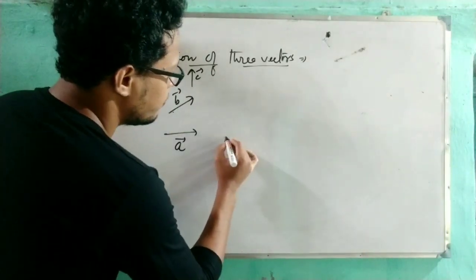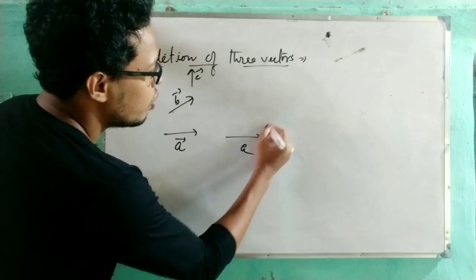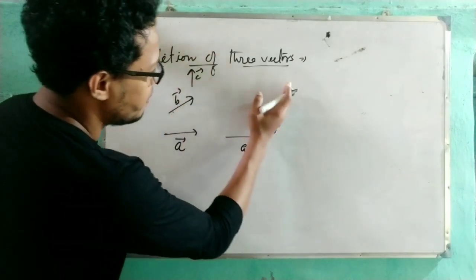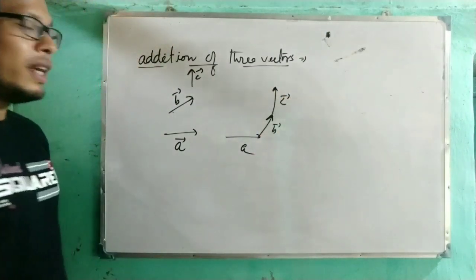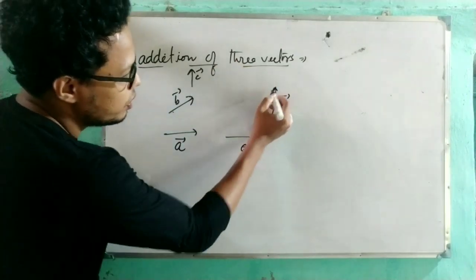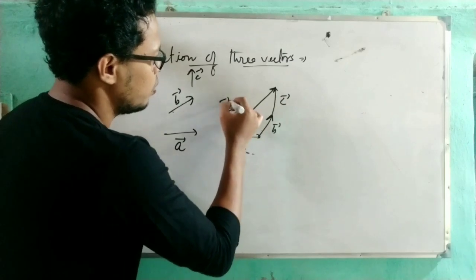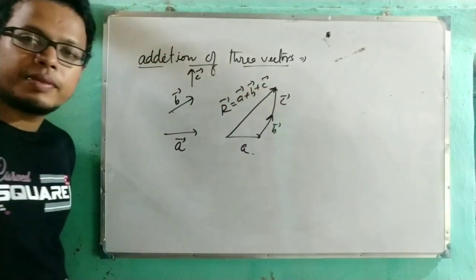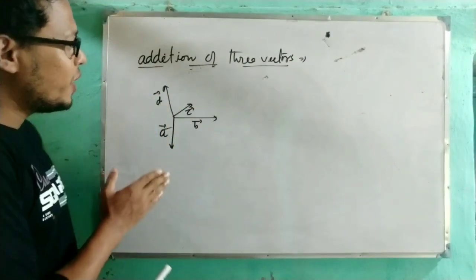Here I am drawing this vector a, and by parallel shifting I am drawing the vector b like this, and by parallel shifting I am drawing the vector c like this. As I told, apply the triangle method from the tail of the first to the head of the last. This R will give the resultant of the vector a plus b plus c. Clear?